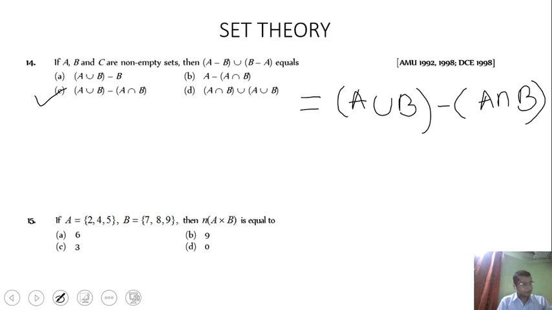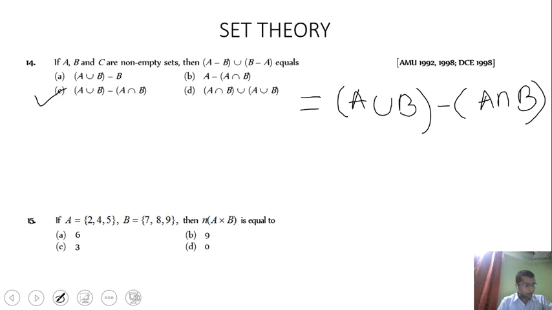Example number 15. A has 3 elements 2, 4, 5. B has 3 elements 7, 8, 9. We need to find n(A cross B).